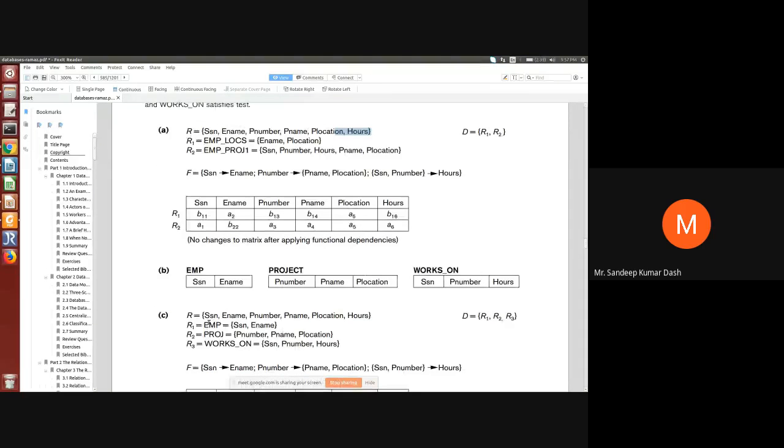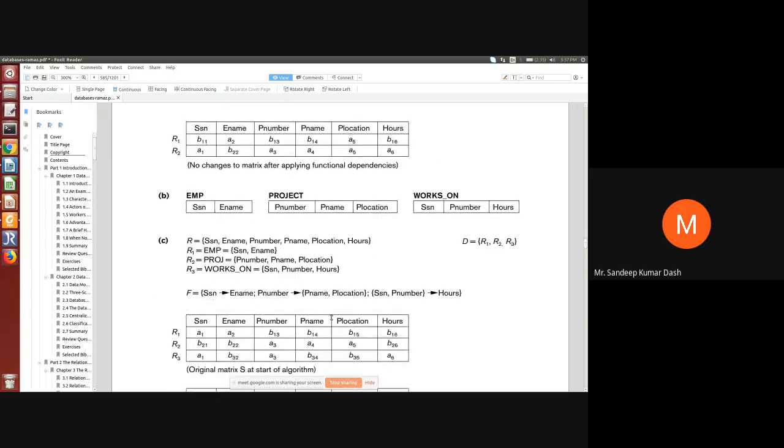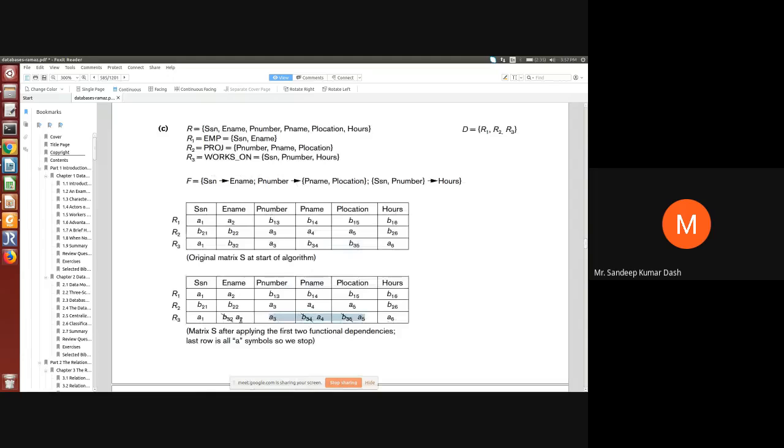But the same relation, when divided into these three tables having these columns, gives you your original relation back, because as per the algorithm you are getting all the values into A. So R1, R2, R3 combined give a non-additive join. That means no spurious tuples will be introduced. There will be no additional tuples inserted when you do a natural join on R1, R2 and R3.